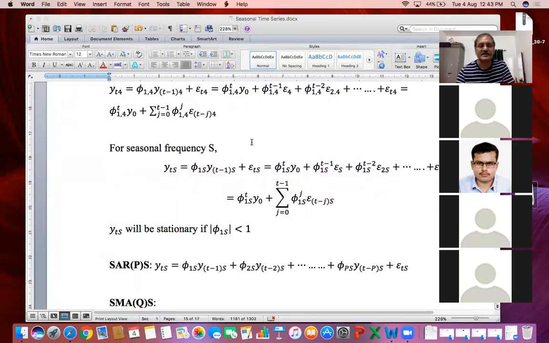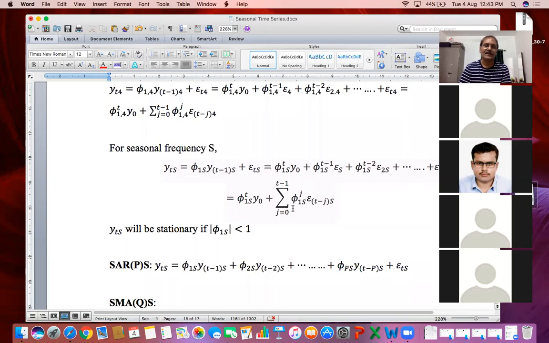Now look at this expression. This is the general solution for first order stochastic difference equation with seasonal frequency S. And the first element in the right hand side denotes the homogeneous solution, and the second element denotes the challenge solution to capture the stochastic component in the difference equation.